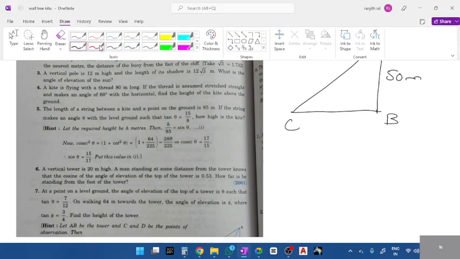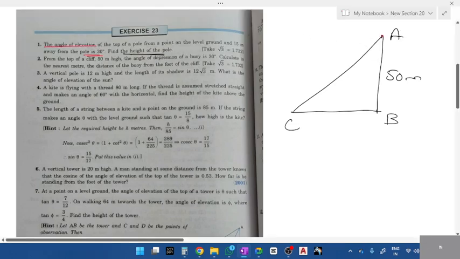So where do you have to stand, students? In which position? At point A or point C? From the top of the cliff. What do you mean by top of the cliff? Is it A or C? From A, you're standing at point A. The angle of depression of a, okay, I think it's buoy.